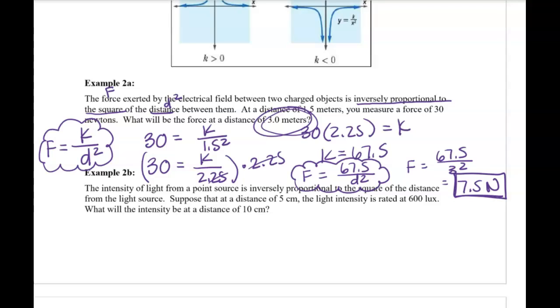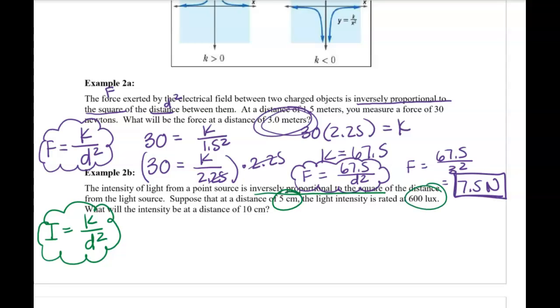So the intensity of light from a point source is inversely proportional to the square. So I know I'm going to have a y equals k over x squared kind of situation. But now we have intensity is inversely proportional to the square of the distance. So I equals k over d squared. That's our general formula. Suppose that at a distance of 5 centimeters, the light intensity is rated at 600 lux. What's a lux? I have no clue. It sounds made up. But we do know that our general formula is I equals k over d squared.